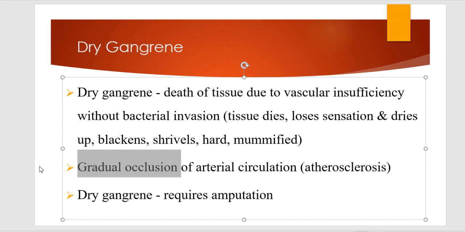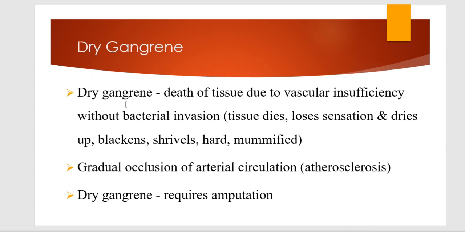Whereas in wet gangrene, there is sudden or fast occlusion of arterial circulation, right? So in dry gangrene, basically there is death of tissue due to vascular insufficiency, and usually there is no bacterial invasion. Without bacterial invasion means most of the time no bacterial invasion is there in dry gangrene.